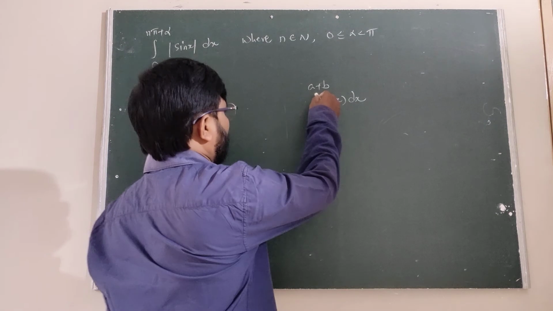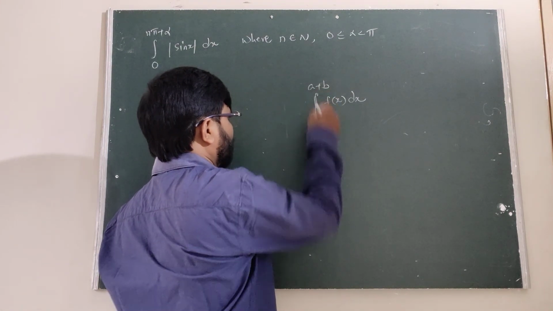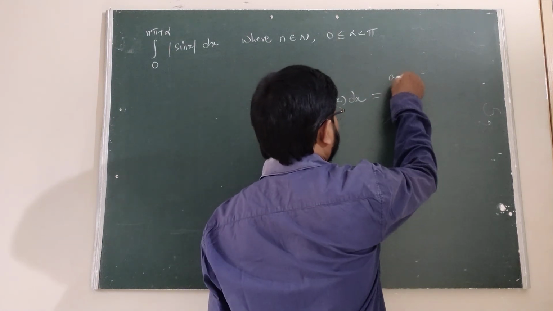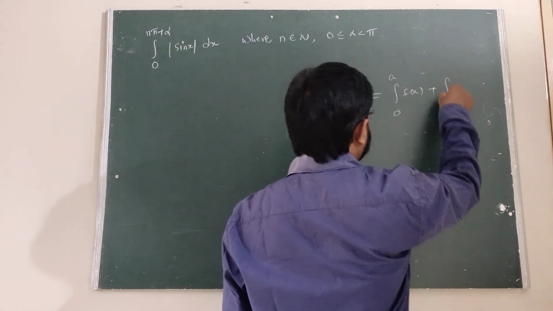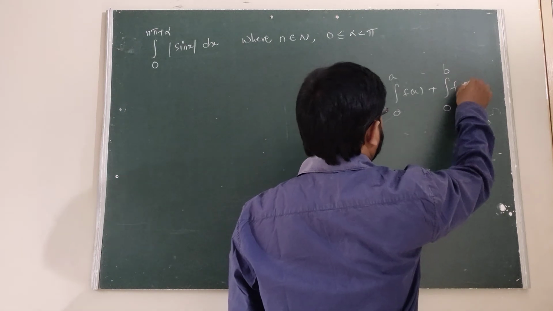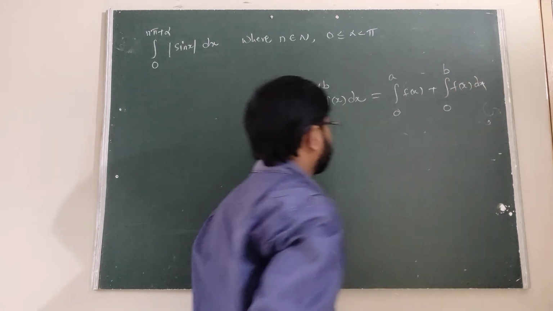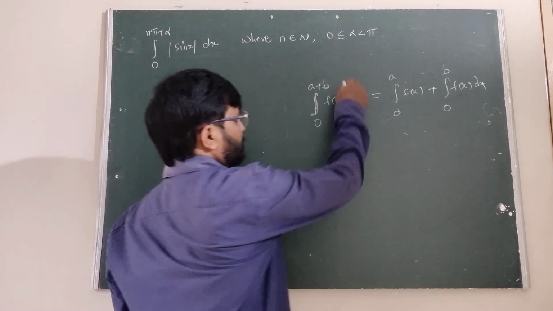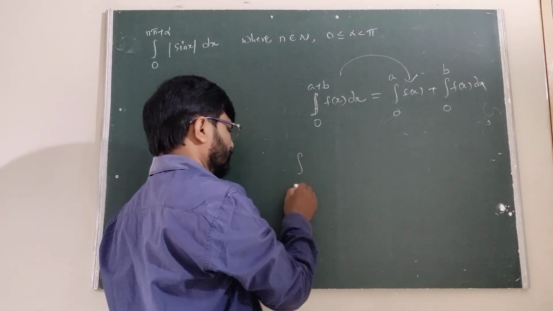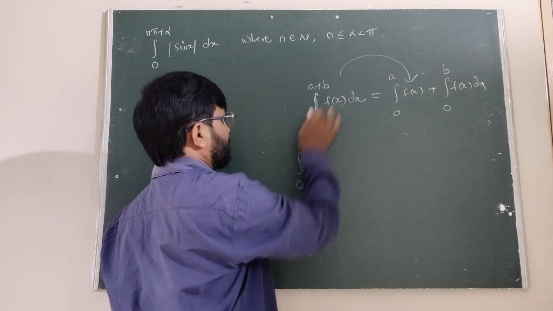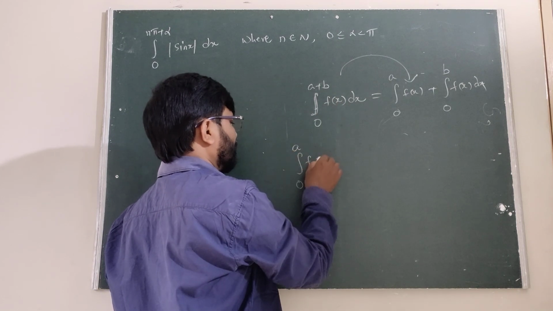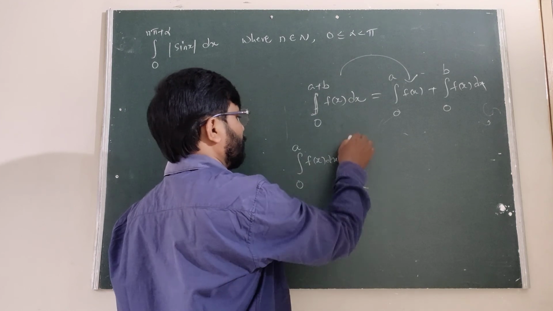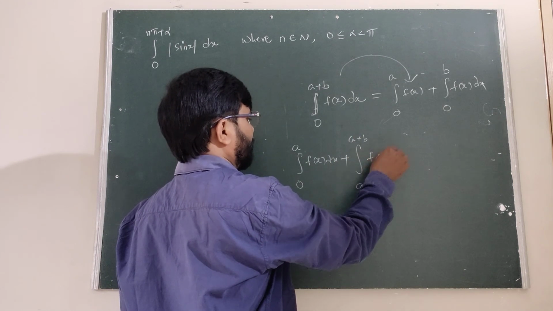Listen here: the integral 0 to a plus b can be written as the integral 0 to a of f of x dx plus the integral a to a plus b of f of x dx.